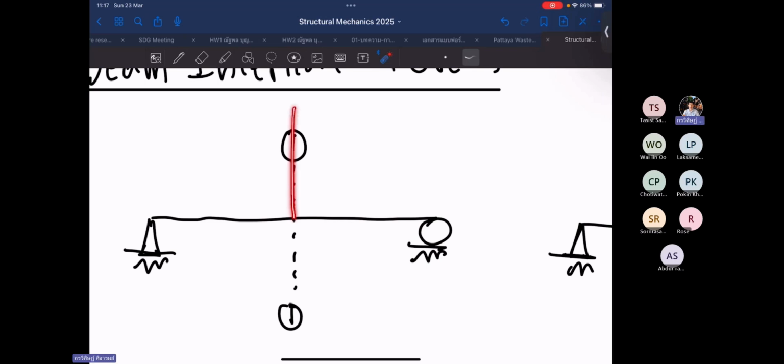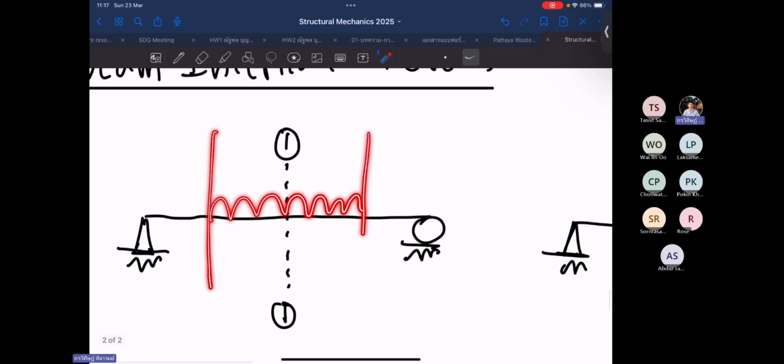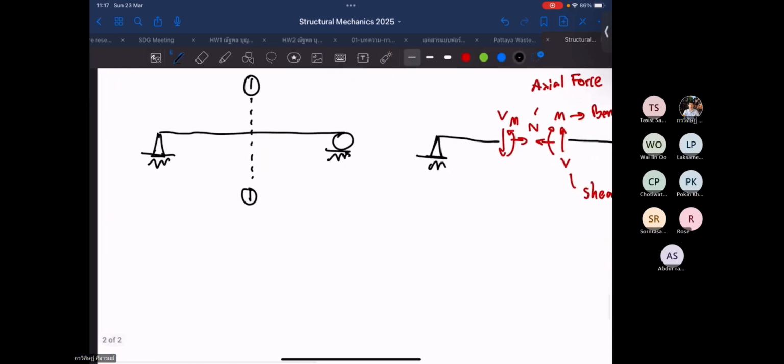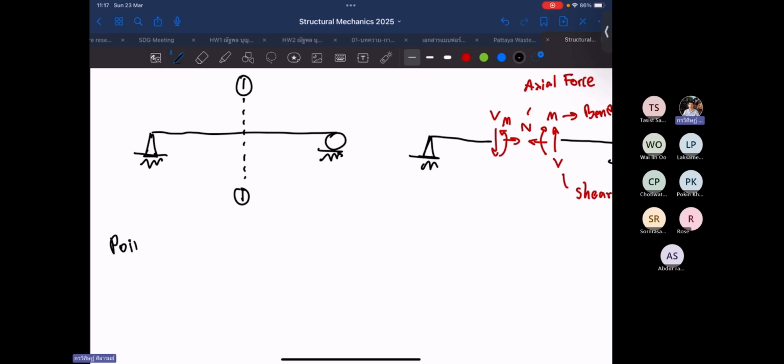Usually at the point load, if there is a point load, you cut there. If there is a distributed load, you cut at the beginning and at the end. Okay, cut where there is load. I will take a note here. Points of cut: first, at the point load or concentrated load.